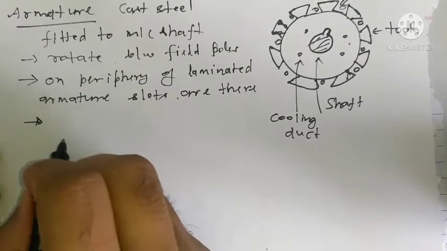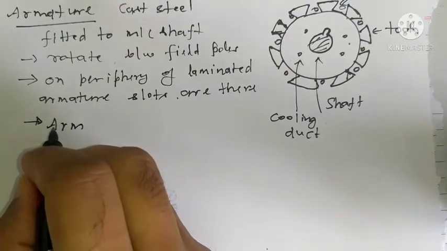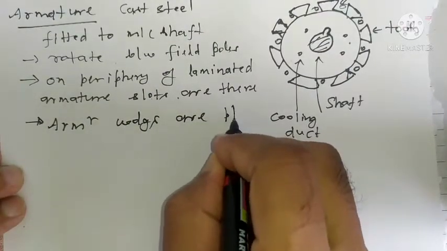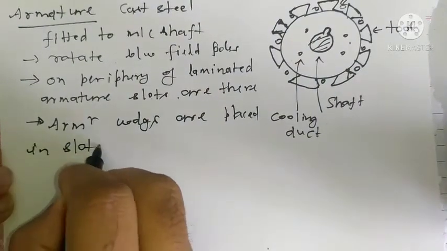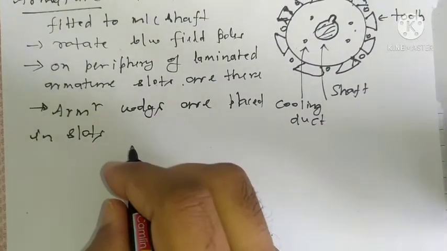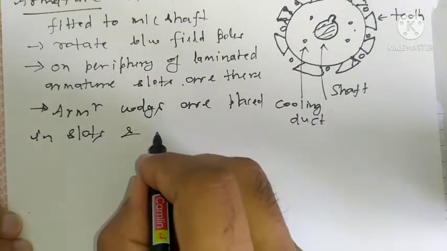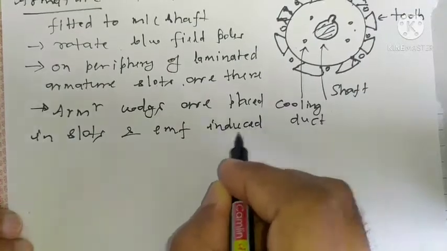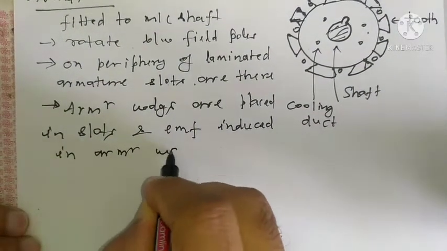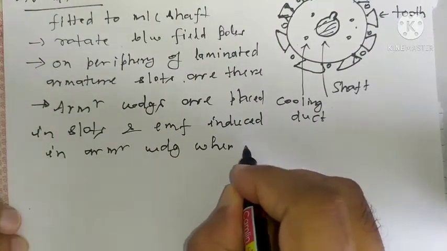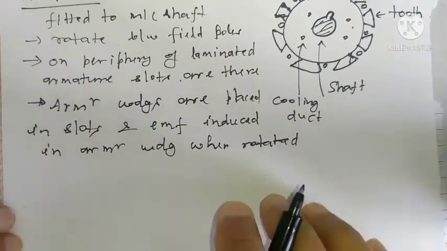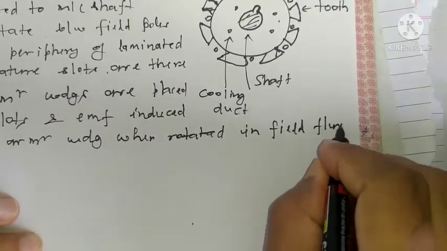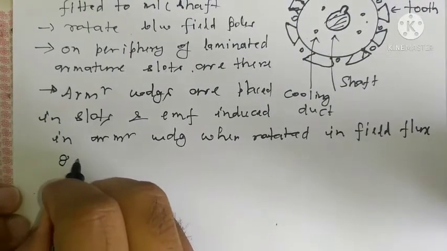The armature windings are placed in slots, and EMF will be induced in the armature winding when rotated in field flux. So this is the generating operation.